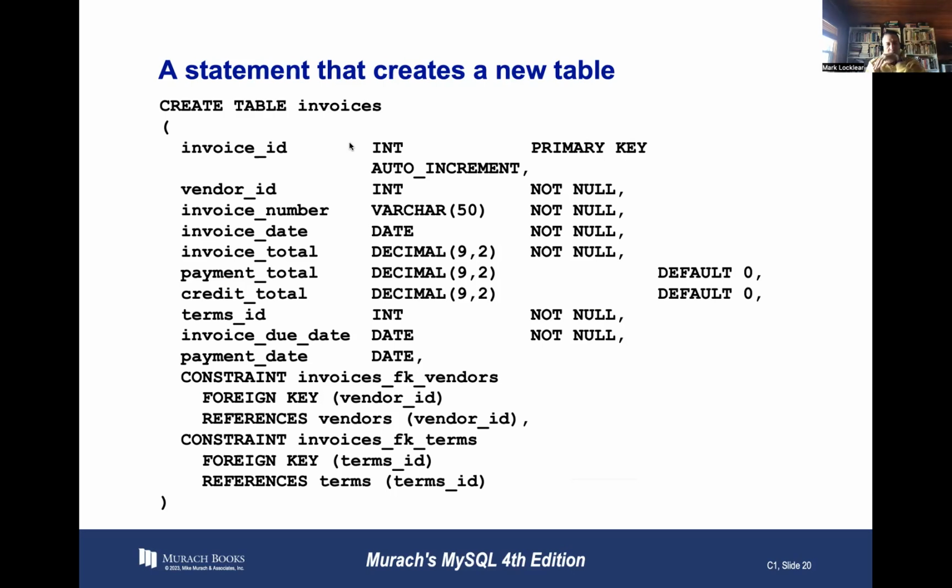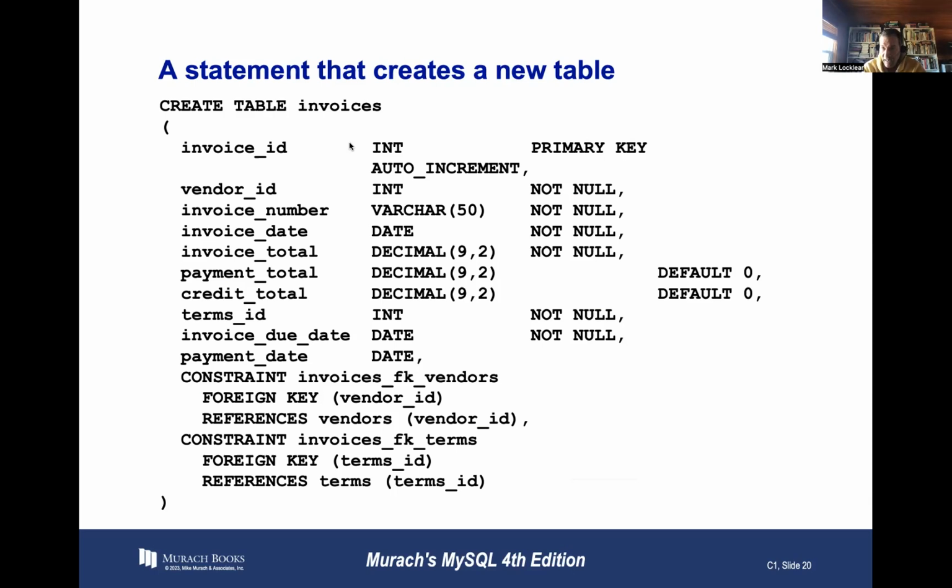And then each of these columns, notice, for instance, I start on the left and work my way right. Invoice ID, in this case, is going to be an int. Remember, we talked about the data type. So it's going to be an int. It's going to be a primary key. So again, we're telling the database, when we create these tables and set them up, we need to set the configuration for the table itself.